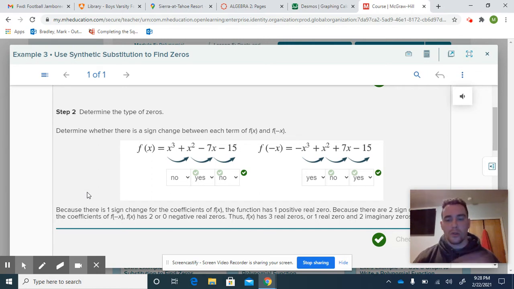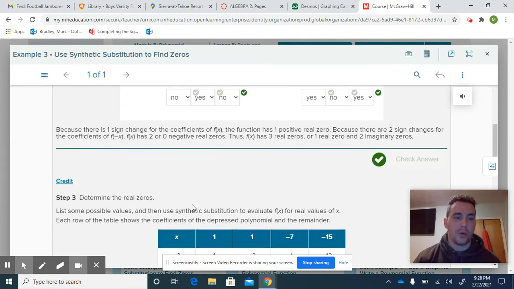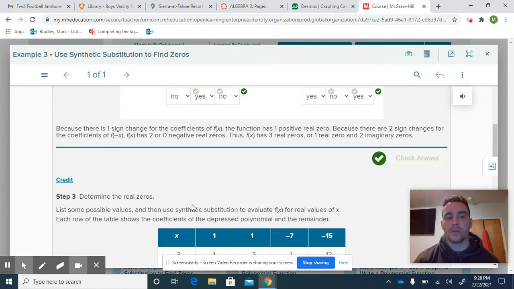So it's either one or the other. It's either 2 or 0, not both, right? And it's not one. But thus f of x has 3 real zeros or 1 real zero and 2 imaginary zeros. So what we need to do is determine the real zeros.